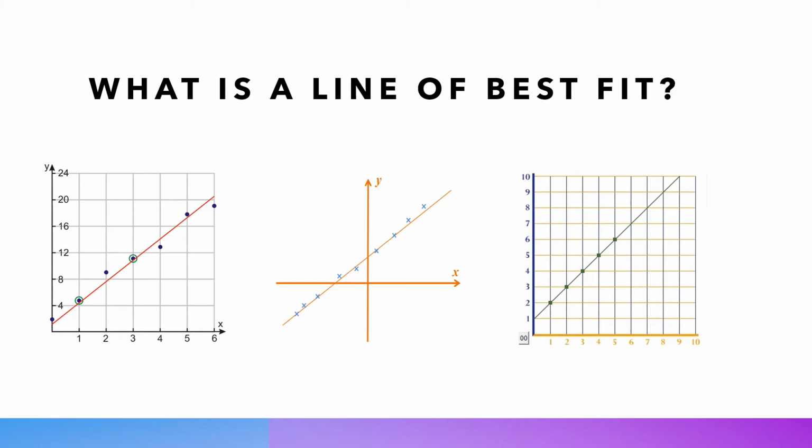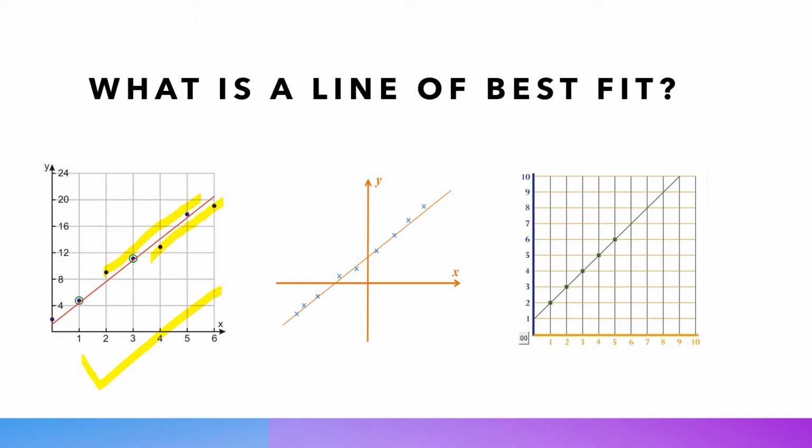Looking at the first graph, if the number of points above the line is 2, the number of points below the line needs to be 2. So they are evenly distributed, and we can say that this is a line of best fit.